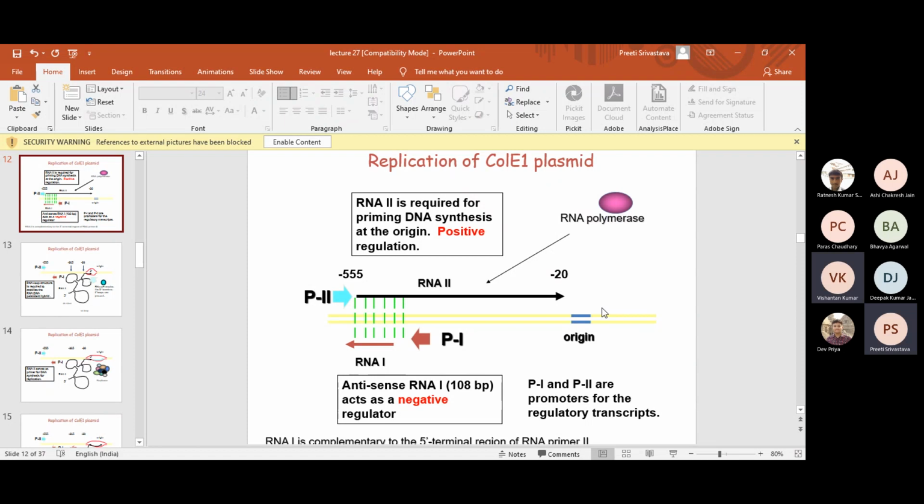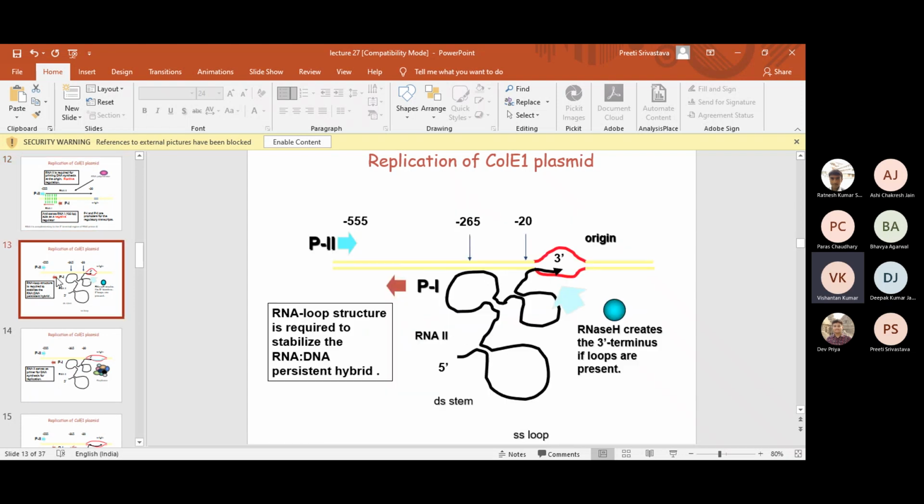Why did the cell synthesize such a long RNA if it was just to serve as a primer? So you mean why RNA polymerase cannot simply make a short RNA over there? Yes, why can't this entire thing be conducted with a short RNA sequence as well, say 20 bases?